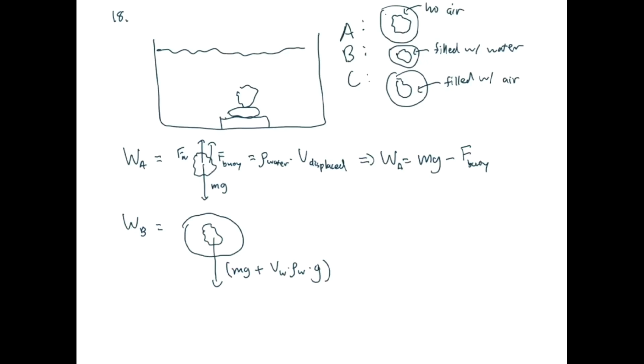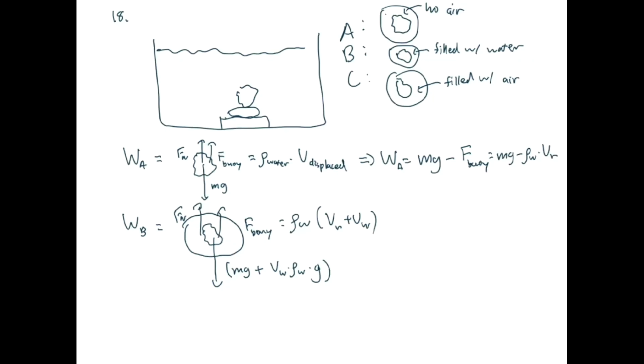However, this will also add some volume to the bag. So the buoyant force is then the density of water times the volume of the rock plus the volume of the water. Again, if we go back to Alice's, this is just mg minus the density of water times the volume of the rock, because the volume of the rock is basically the volume displaced.